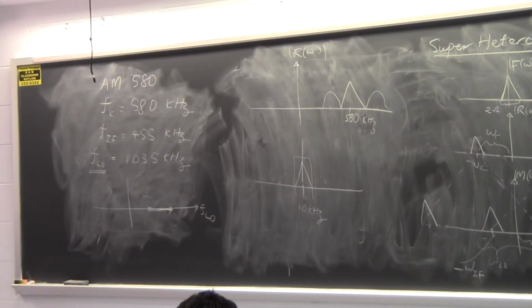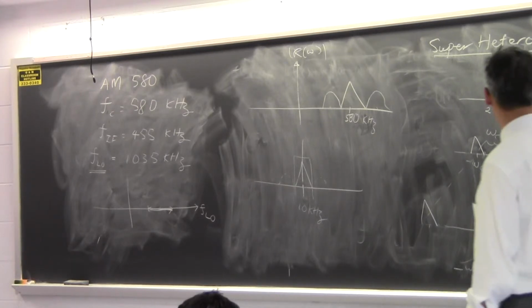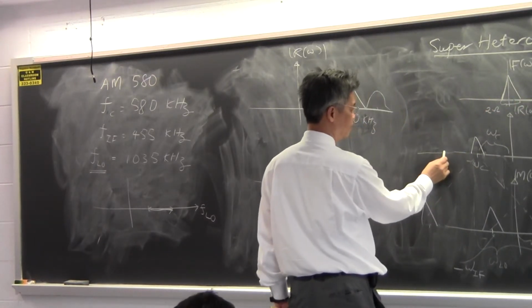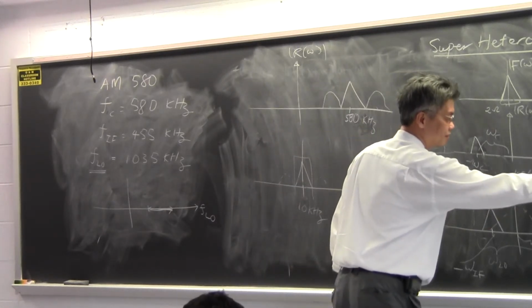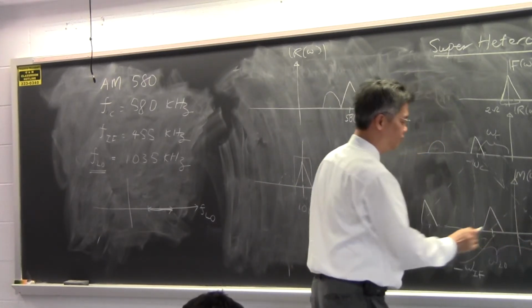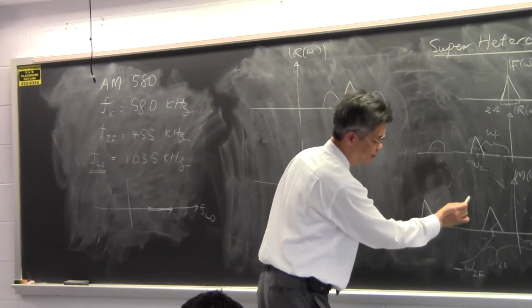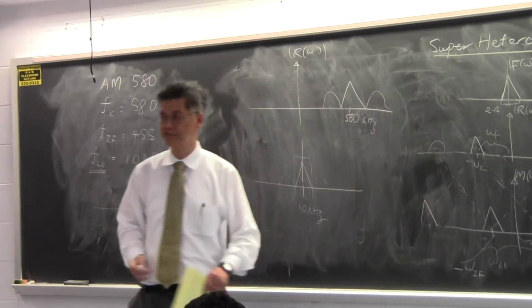What happens if you have another station that is, say, having a frequency around here? Another station having a frequency around here. And as you push this to the left, this band might go into your IF frequency, and this band might go into your IF frequency.